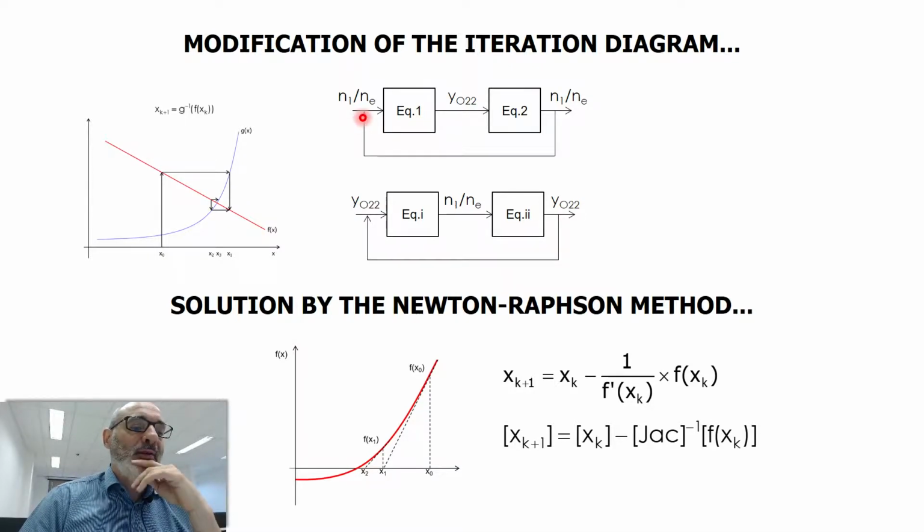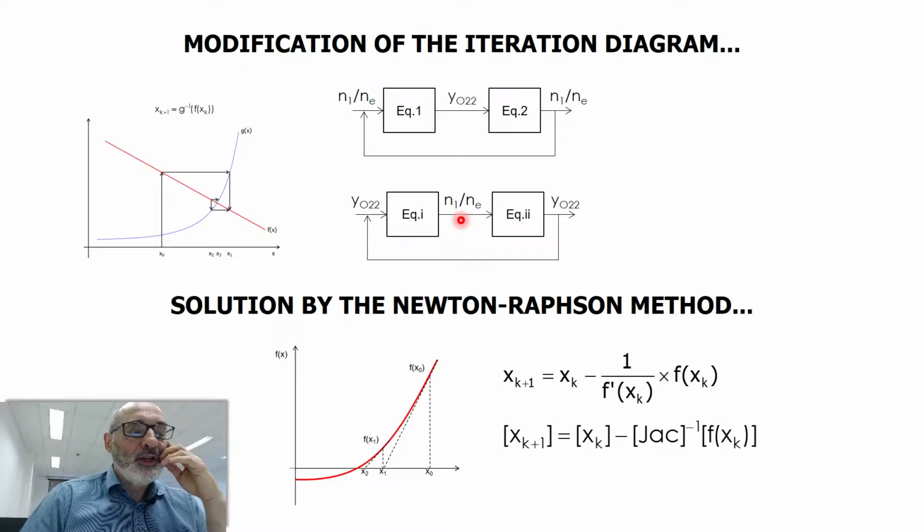Instead of estimating N1 divided by Ne, you can estimate the concentration of O2 at exit number 2, and use another form of the same equations in order to calculate N1 divided by Ne, and another form of equation, actually the exergy balance, in order to estimate the variable that you estimated in the first place.